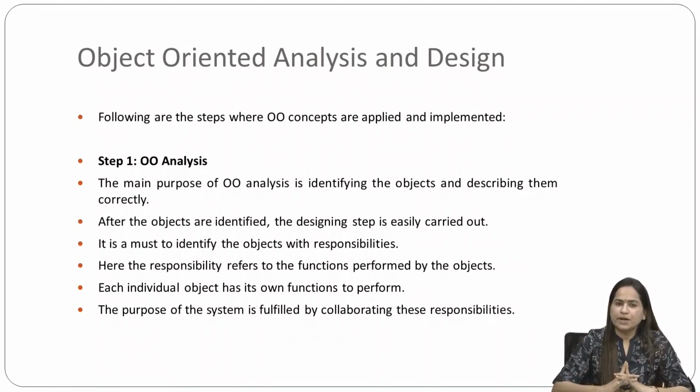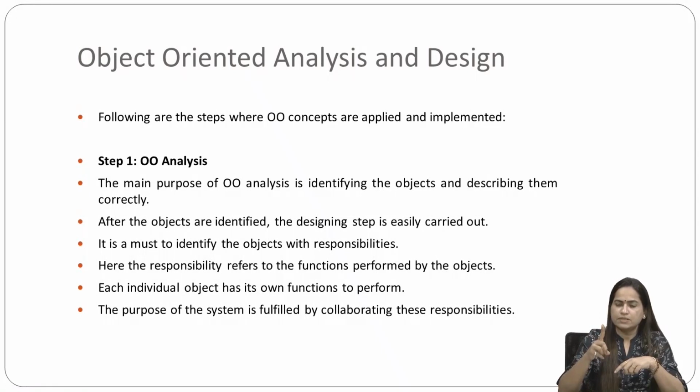It is a must to identify the objects with responsibilities. Now what do responsibilities refer to? Here the responsibility refers to the functions which are performed by the objects. That means what is the object, and what are the functions performed by the objects; those two things we have to identify in object oriented analysis.